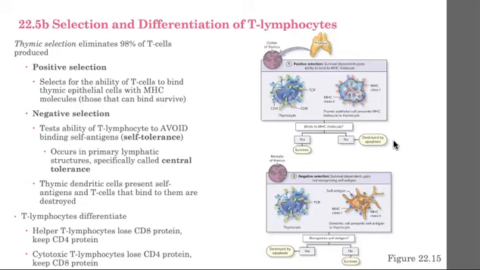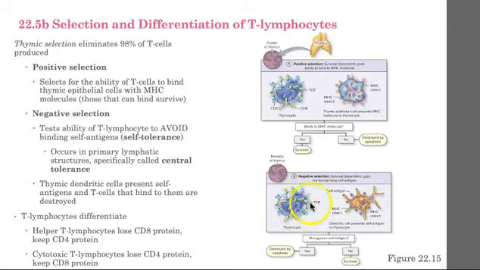We also have the process of negative selection, which takes place in the medulla of the thymus. And this survival is dependent upon not recognizing our self-antigens. So, for instance, we would have our dendritic cell present that self-antigen on a MHC class 2 molecule here, as well as a MHC class 1 molecule.